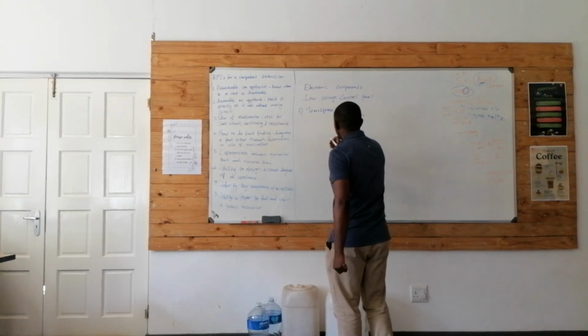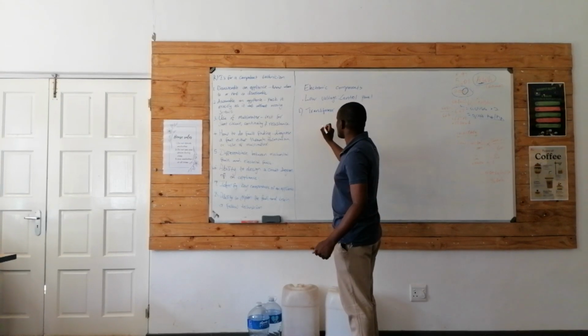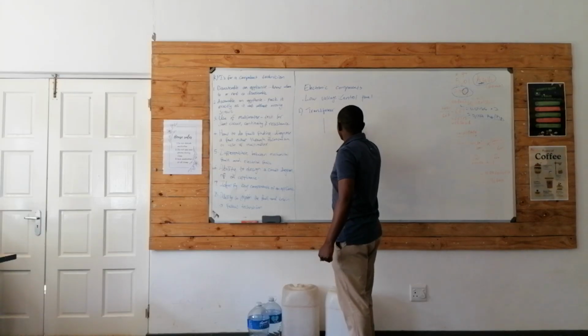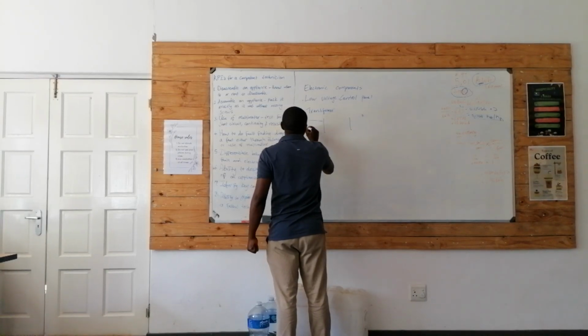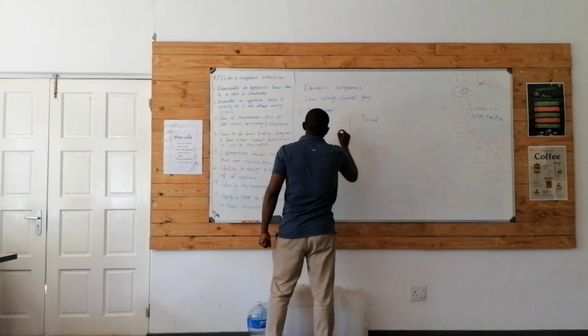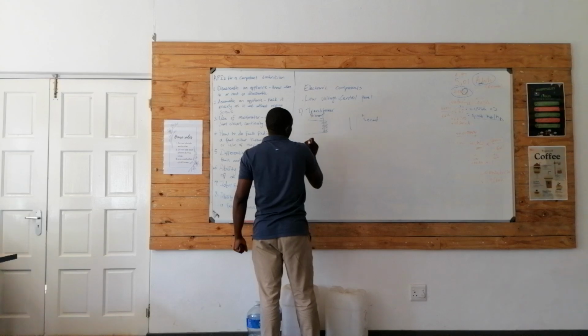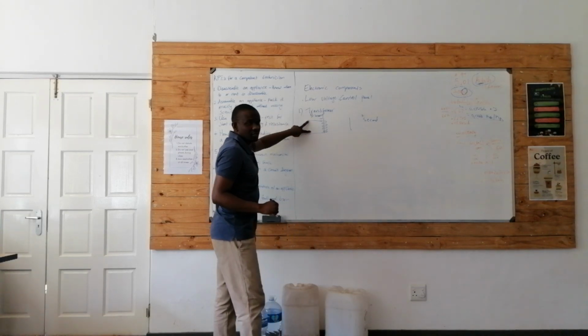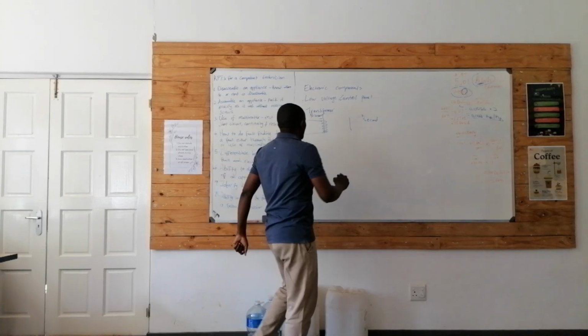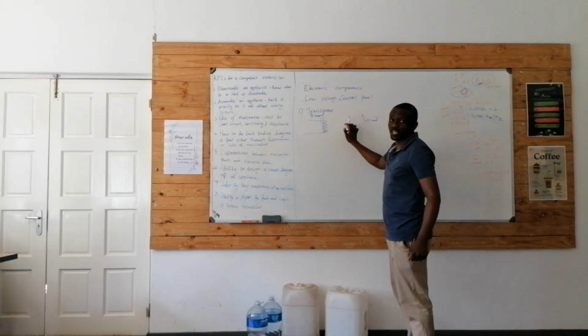I'll just give an example. It's made up of a coil. So you find that in a transformer, on the primary side, let's say this would be the secondary, we have a wire that goes like this. So this is the primary. However, on the secondary, bear in mind, all these wires are connected.